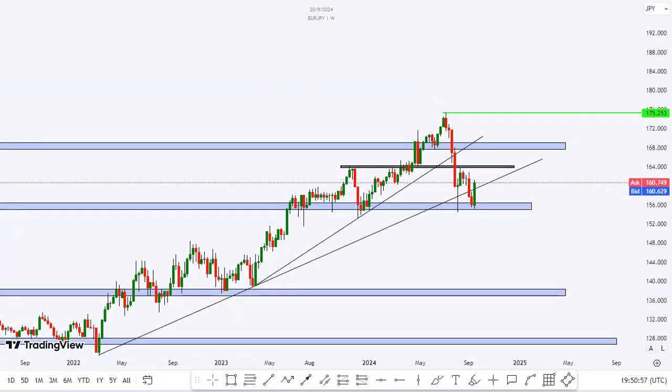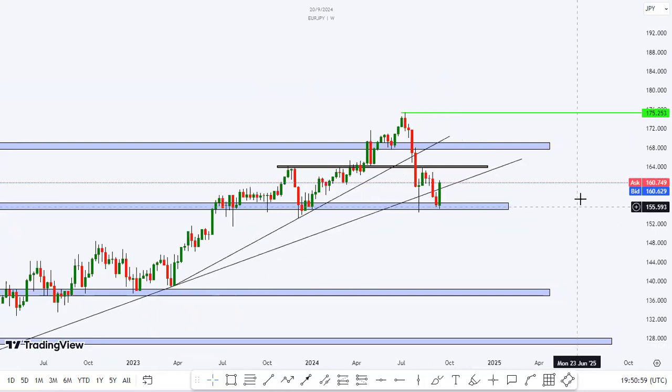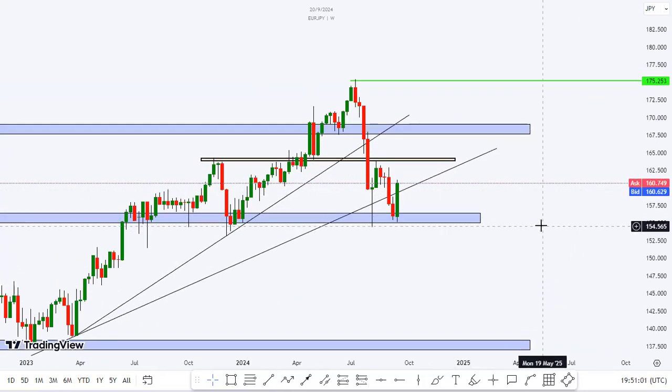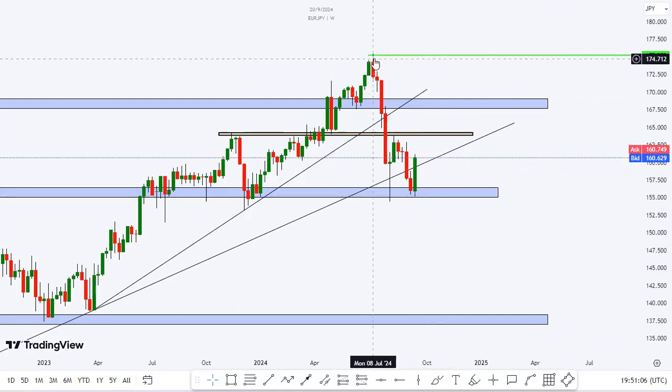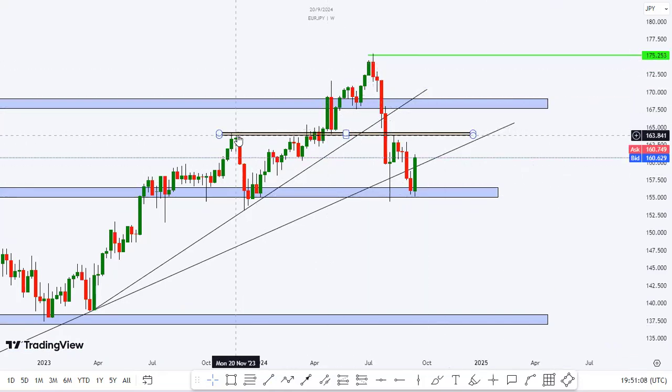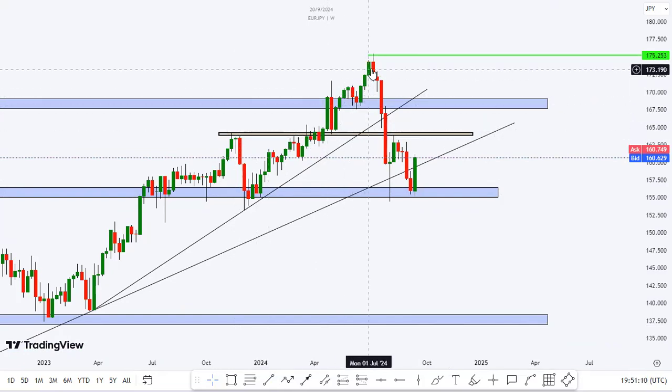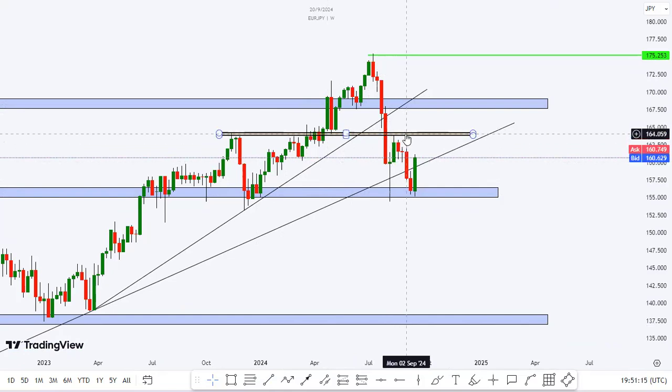However, to me, despite the fact that the bears are in the market, price is still pretty much bullish, all right? Because in as much as price came all the way down from this level up here, it came to break this support level, making it a resistance.